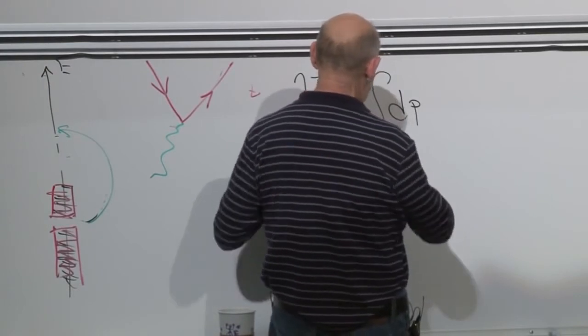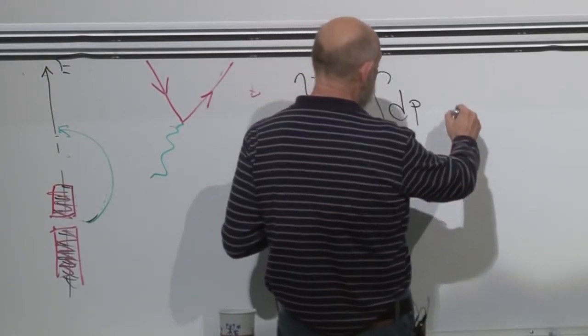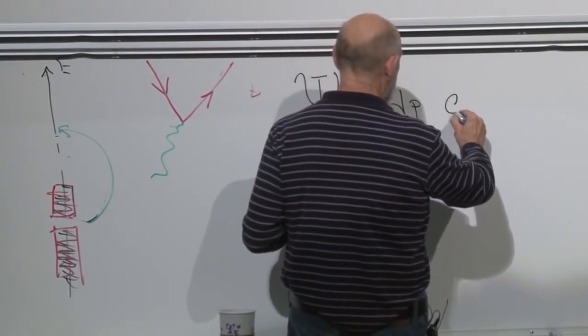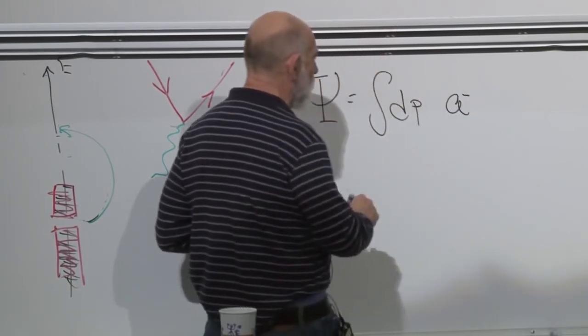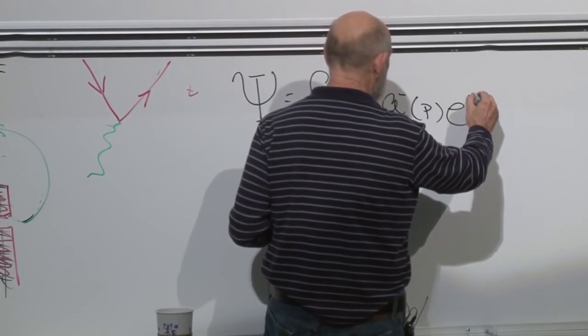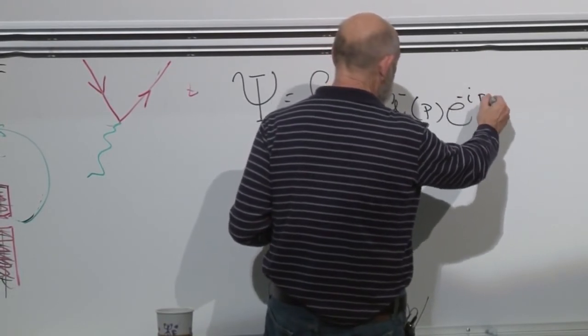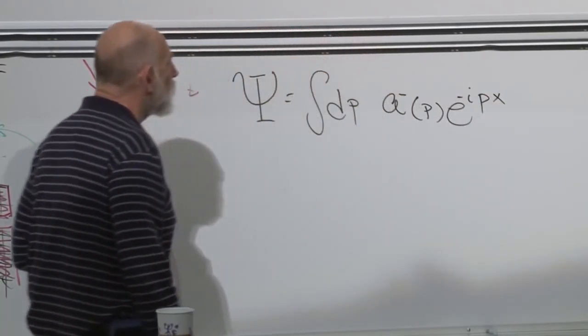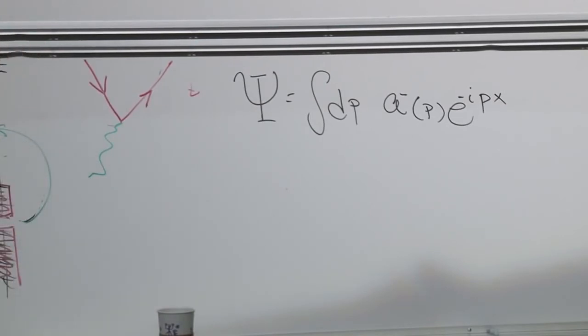Let's take the psi, this one here. That's A minus, the annihilation operator for a particle of momentum p times e to the minus ipx, if I'm not mistaken. Yeah, annihilation has e to the minus ipx.